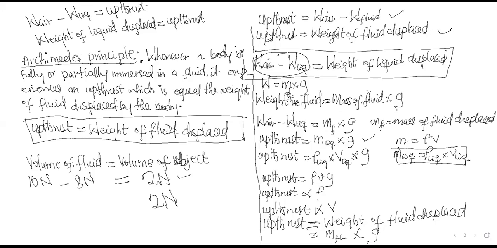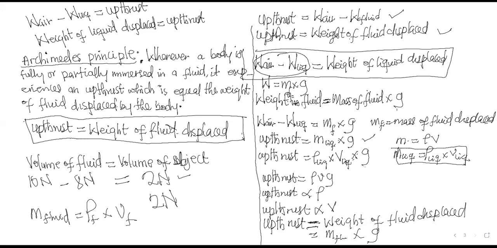Then we know mass is also density times volume. So the mass of the fluid displaced can also be expressed as density of the fluid times volume of the fluid displaced. Giovanni, this is it.